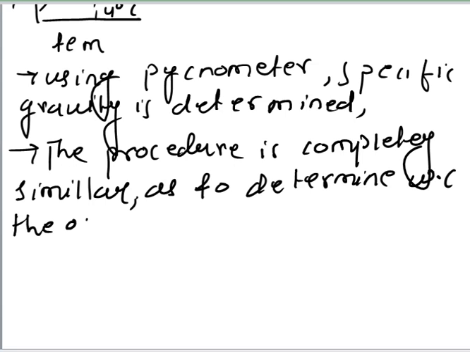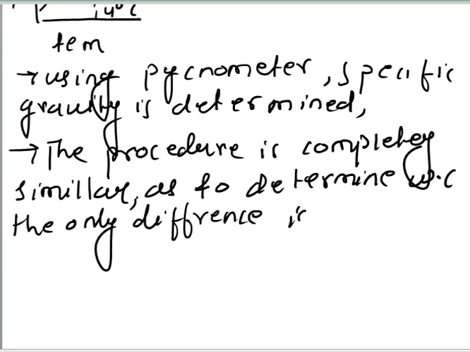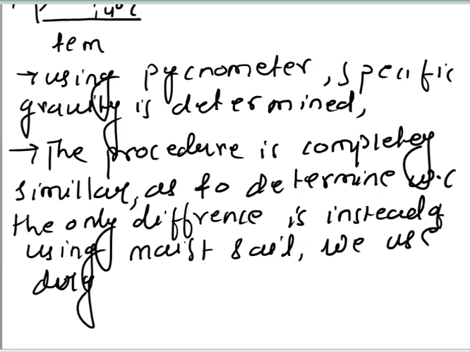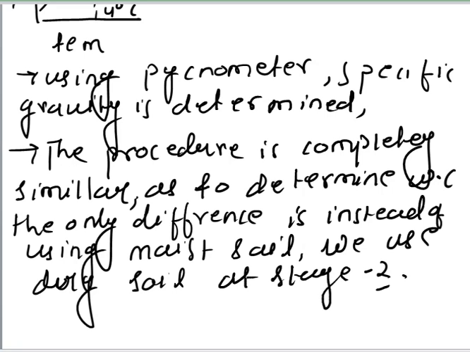The only difference is, instead of using moist soil, we use dry soil. At stage 2, the second stage, when we fill the soil in the empty Pycnometer bottle, at this stage, instead of using the moist soil, we will use dry soil here. So let's begin.